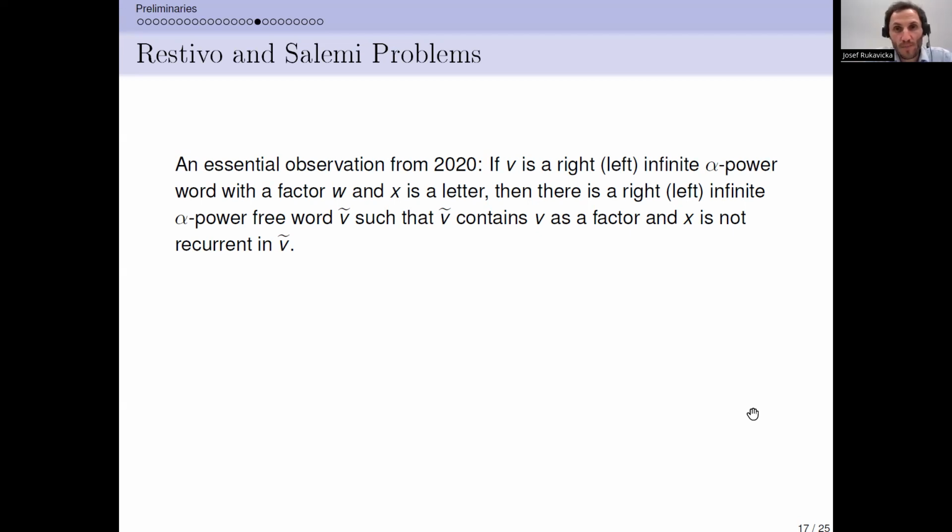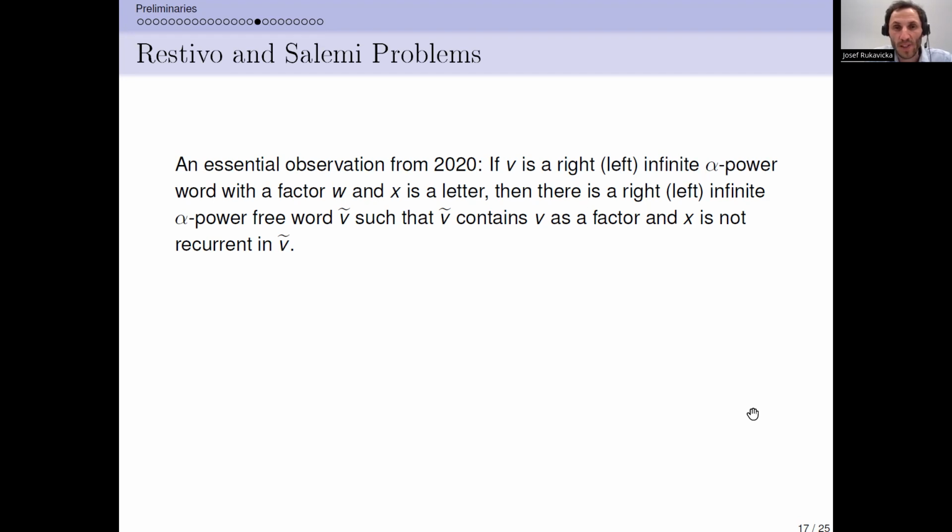What I needed is: if I have some infinite word with some factor w, then I construct another infinite alpha power 3 word, containing the same factor w, and also the infinite word has only a finite number of occurrences of some letter x.